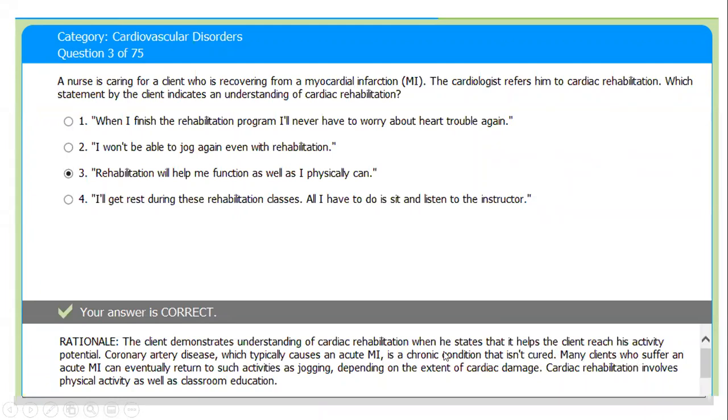Many clients who suffer an acute MI can eventually return to activities like jogging, depending on the extent of cardiac damage. Cardiac rehabilitation involves physical activity as well as classroom education.